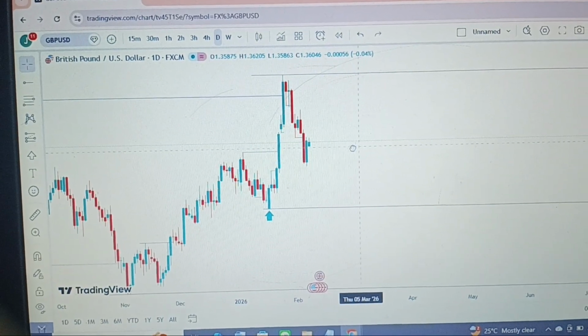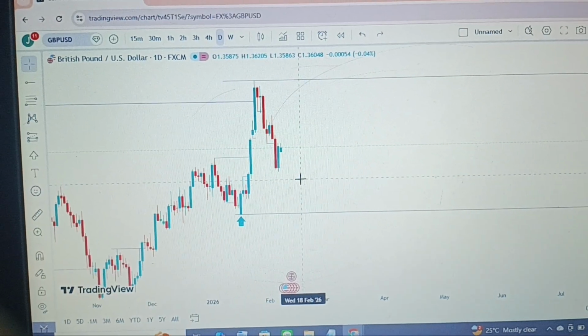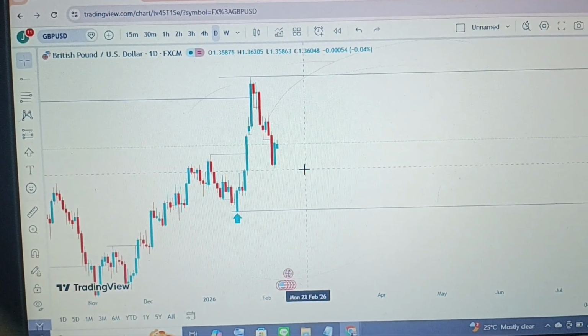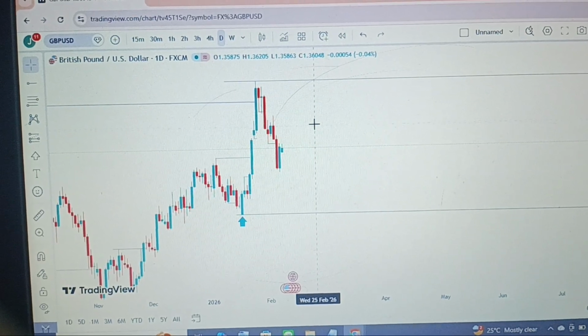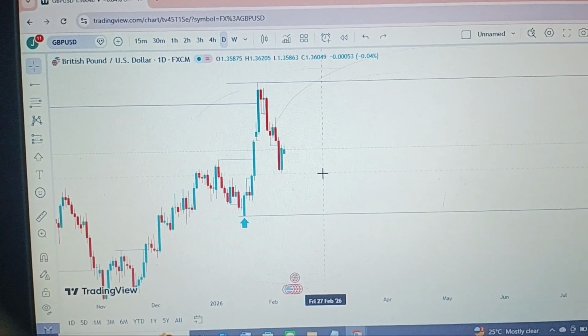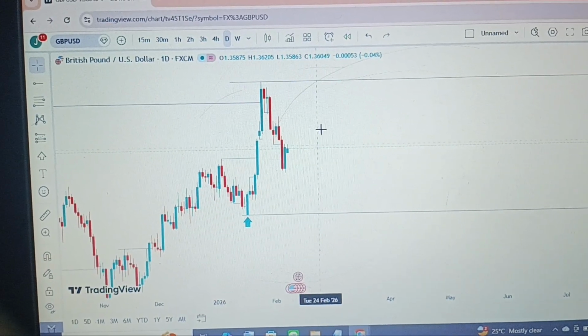But based on our own style of trade, we want to pinpoint levels where there's a high chance of price pushing to the upside, where we expect the market to retrace, correct itself and push to the upside.